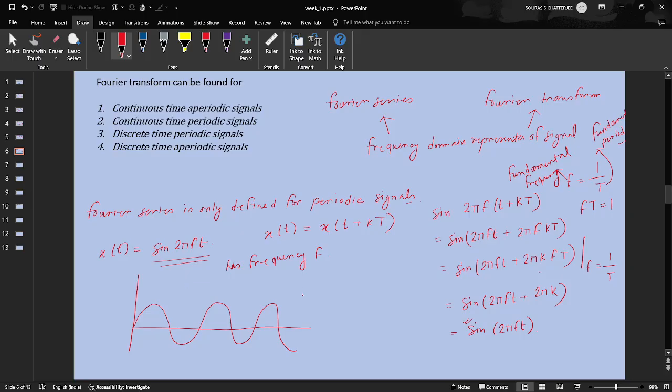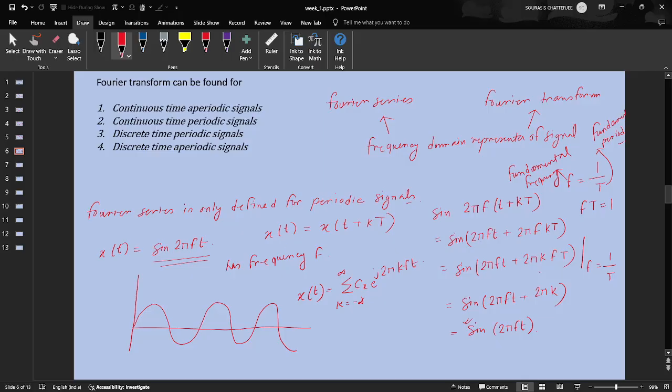So what does the Fourier series do? Let's write the mathematical expression of Fourier series first. It allows you to represent the signal x here in the frequency domain. And how is that? It's the sum over k equal to minus infinity to infinity of c_k e to the power j 2 pi k f t.